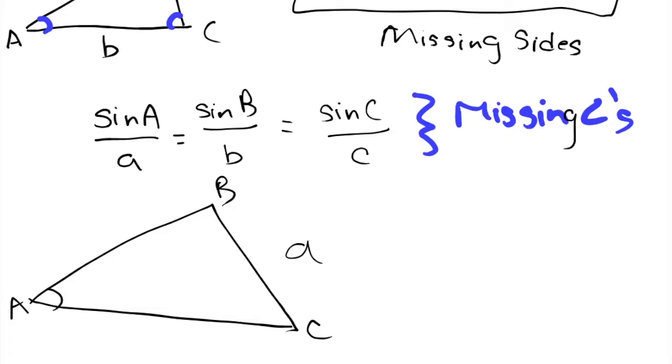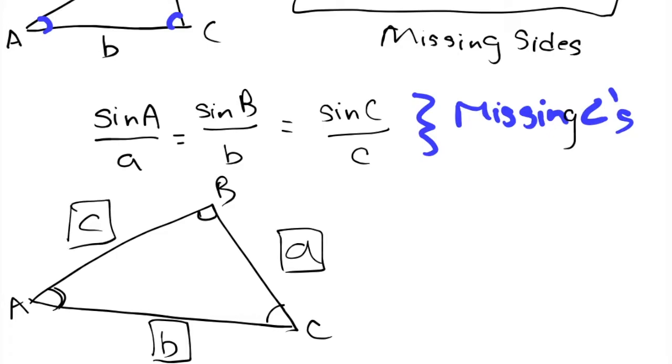If this is side A, this is side C, and this is side B, to use the sine law, you have to have either all of side B and angle B, all of side A and angle A, or angle C and side C. So basically, you have to complete one entire ratio for you to solve the missing sides or angles in the sine law.